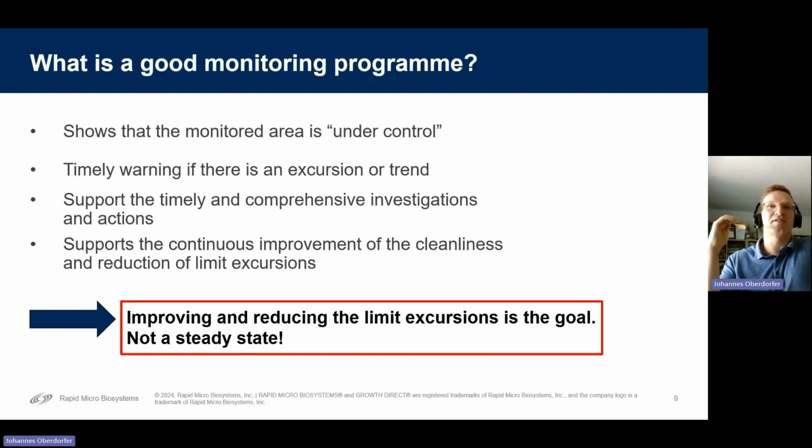But the expectation is that we strive to be better and continuously improve or have fewer contaminations, to get cleaner areas and lower warning limits, and adapt the warning and action limits to these trends to further reduce the risk of any contamination and therefore increase the quality of the product and patient health and patient security.